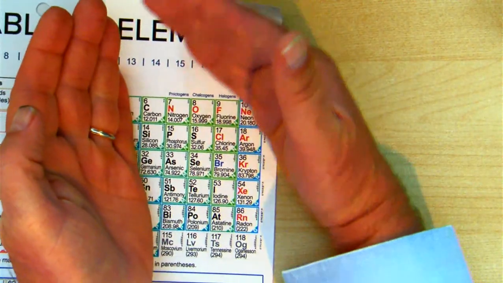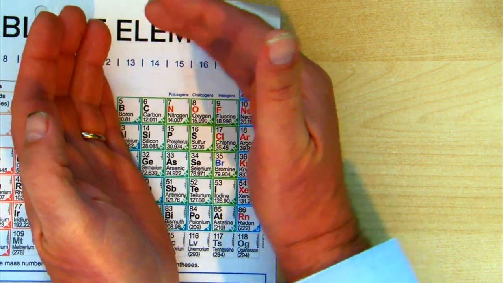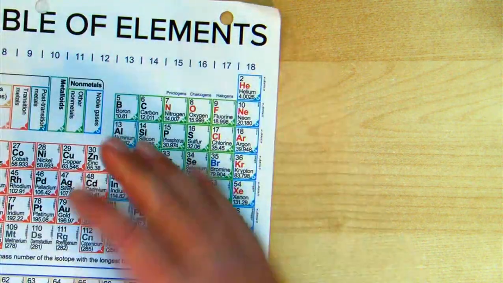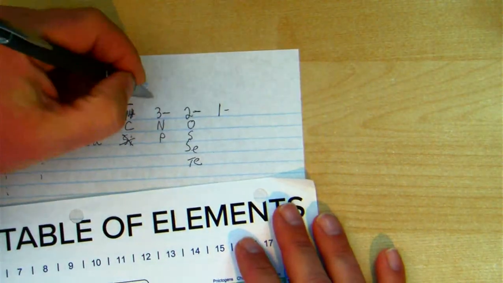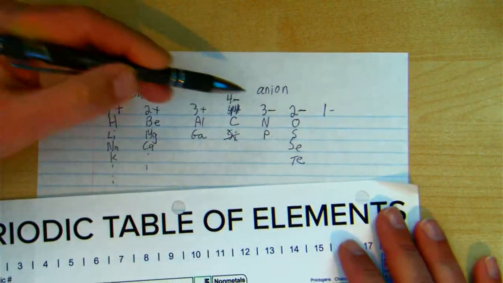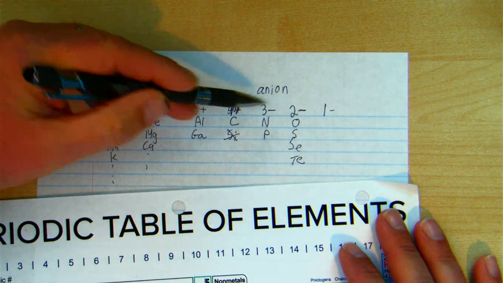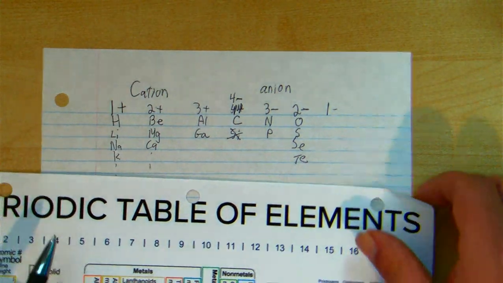The elements in the upper right third, sort of diagonal corner of the periodic table, they're only interested in gaining electrons. An atom that has gained electrons is called an anion. And we represent these with negative charges, since electrons are negatively charged.